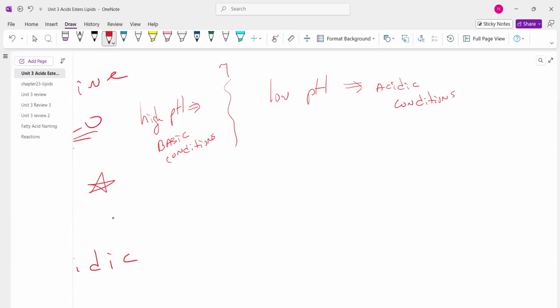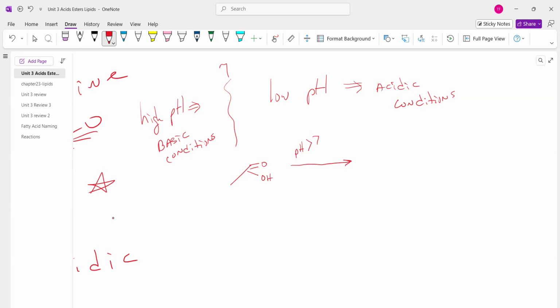If we have acetic acid under pH greater than 7, that means it's basic.